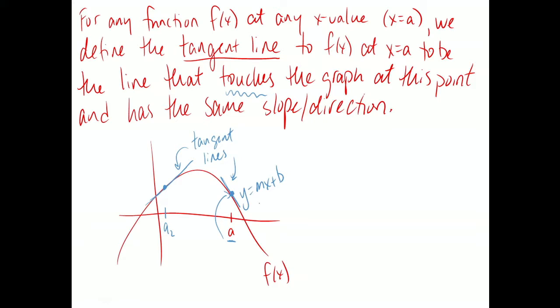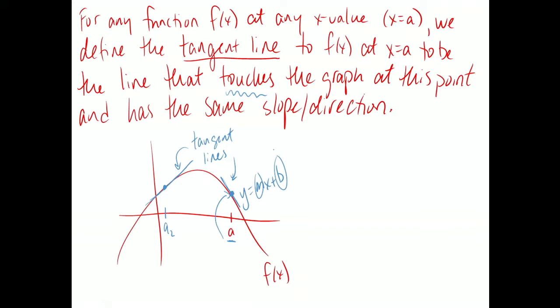So while I still have this picture up here, let's do a little bit of thinking. If I'm going to write down the equation of a line, I need to know m, which is the slope of the line, and I need to know b, which would be the y-intercept. If I figure out the slope, you can figure out b as long as you know one other point.